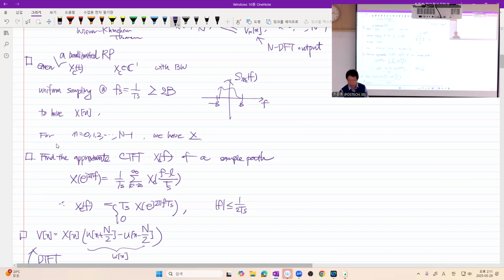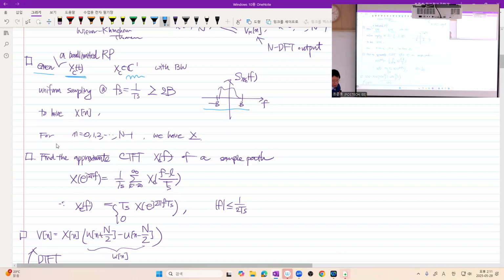So here I have some kind of brief summary. So be careful. Suppose we have x sub c of t, which is a band-limited random process, but possibly complex valued, or if you want, real valued. And we assume that the bandwidth of this random process is B in complex baseband.